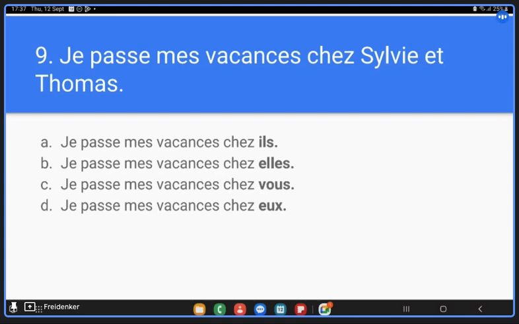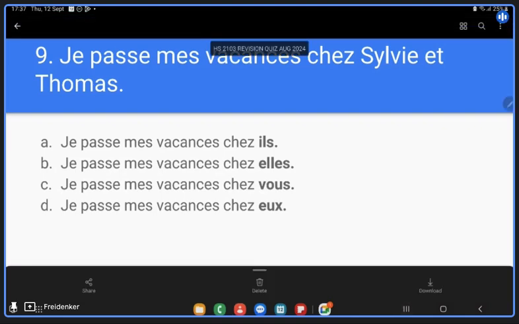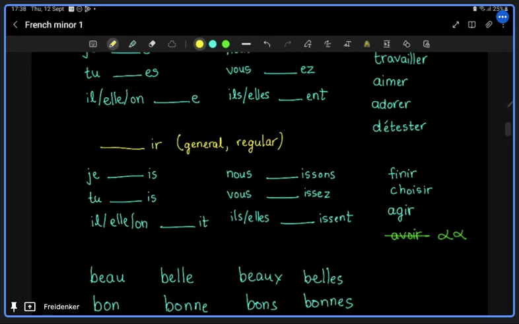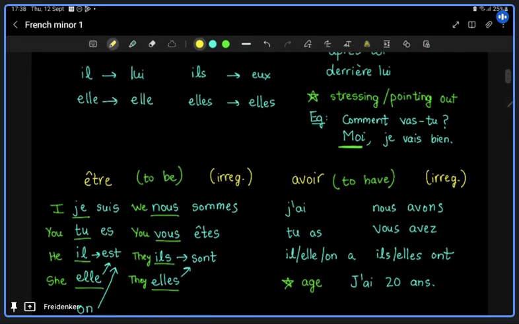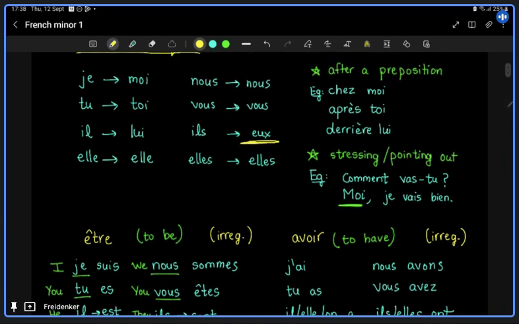If there is a group of boys and girls, you will use ILS. And here we have to use the phonotonic, right? Because we are using it after the preposition. Since I'm using ILS, the phonotonic of ILS will be EUX. If you paid attention, it's here also. Phonotonic of ILS is EUX.